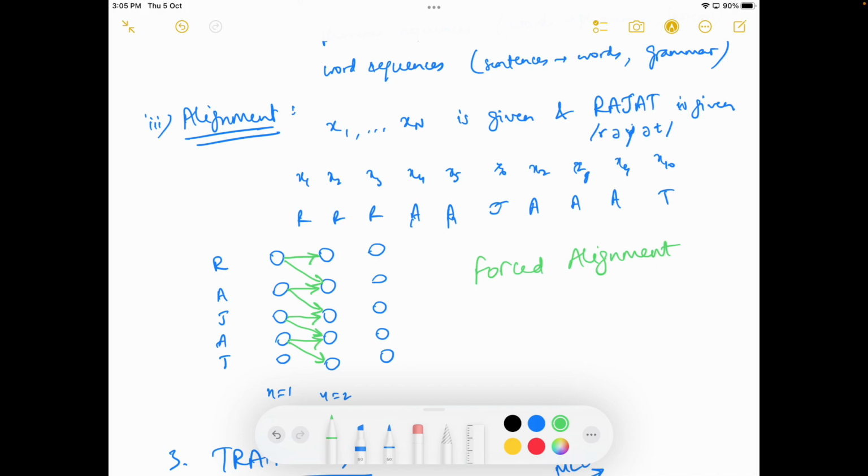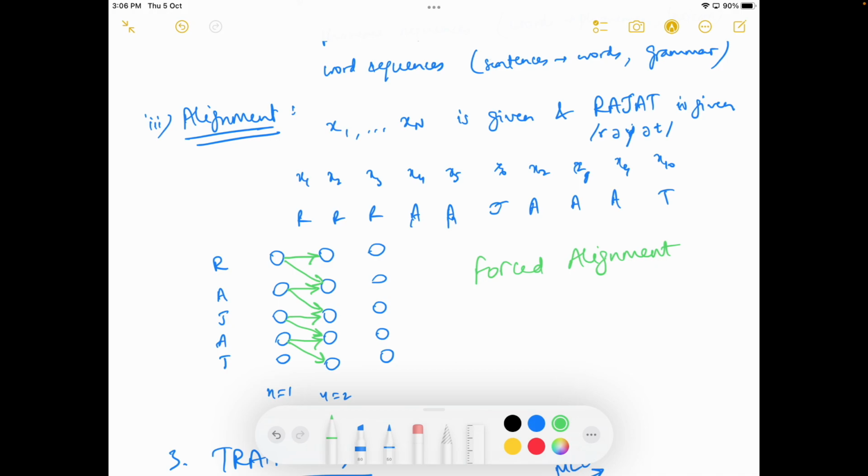What is the alignment task? For every frame I want to assign one phoneme. I was given that the input has 10 frames and my output has only 5 phonemes. The ordered sequence is given to me.